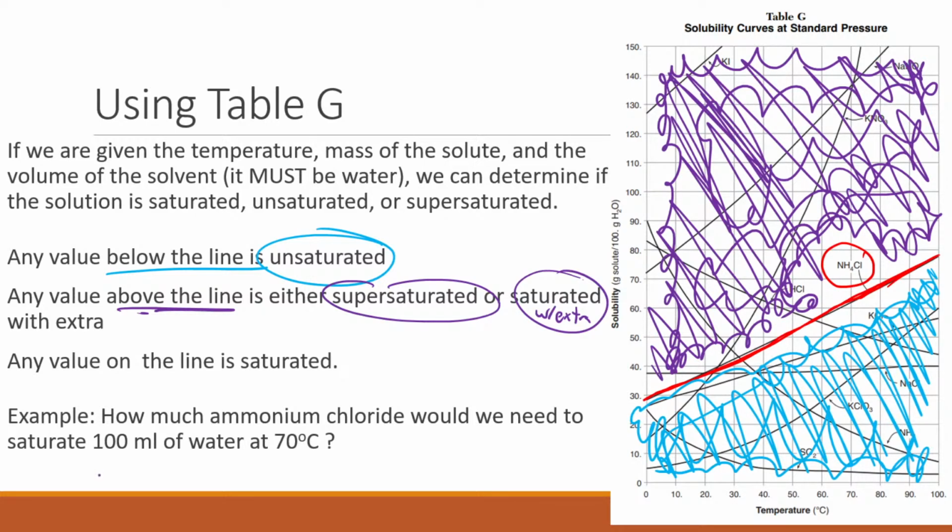And any value on the line itself is saturated. So any intersection of this line shows you a saturated solution.